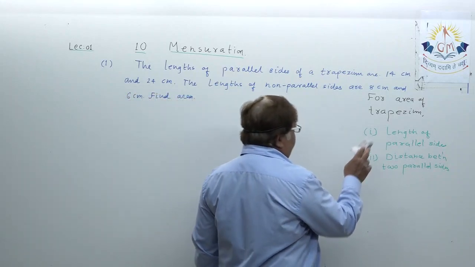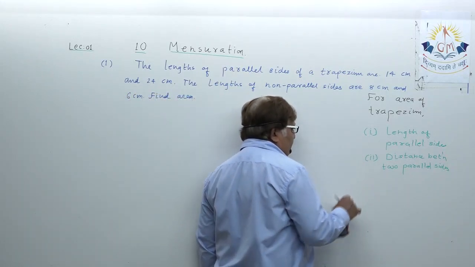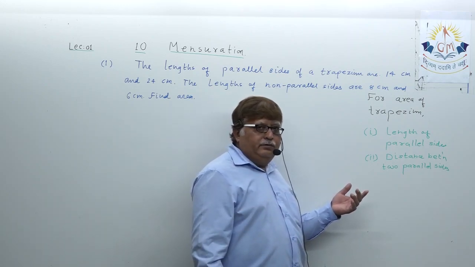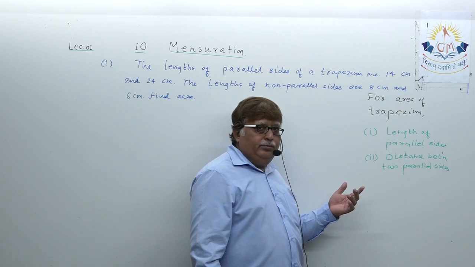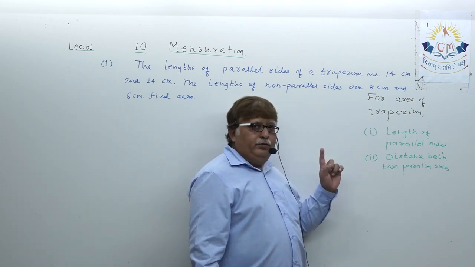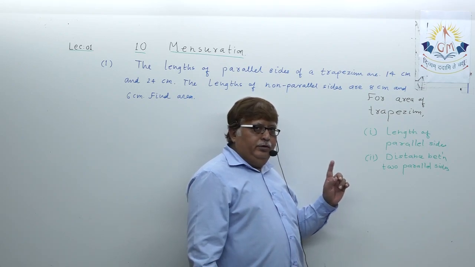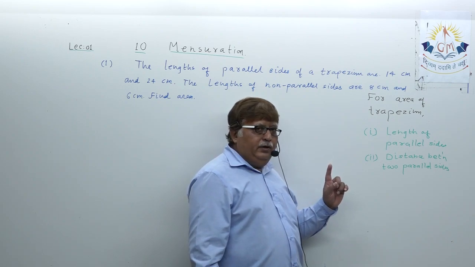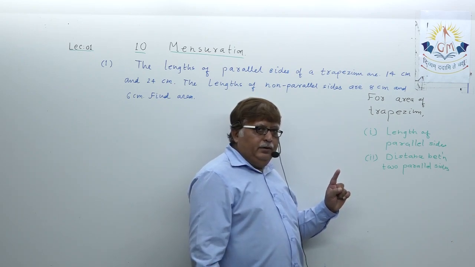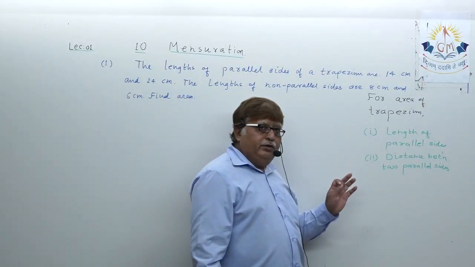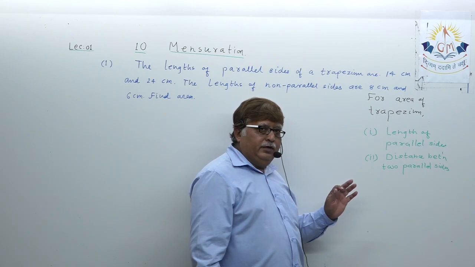This is the basic. I just want to give you a glimpse of whatever difficult example it may be. If you want to find area of trapezium, you need length of parallel side and you need distance between parallel side.